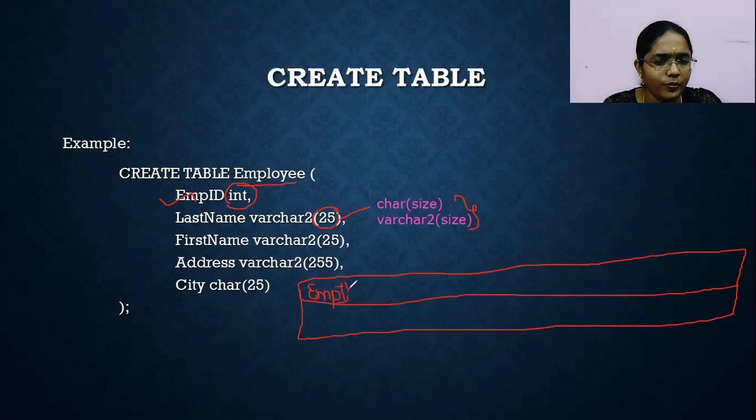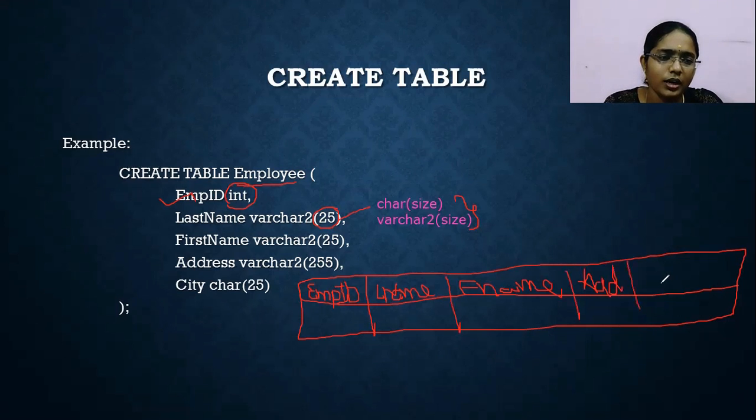EMP ID is your first column, followed by last name as the next column, and next will be first name, then the address. And next is city. A table will be created like this, and right now your table is an empty table.